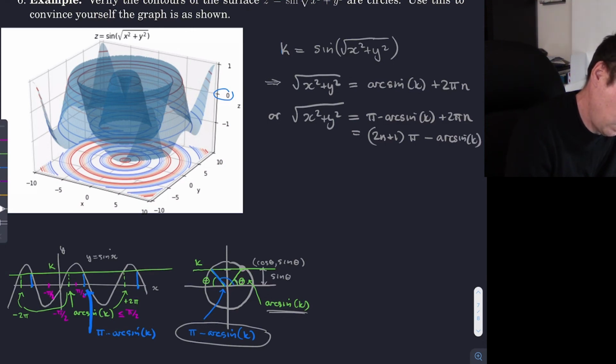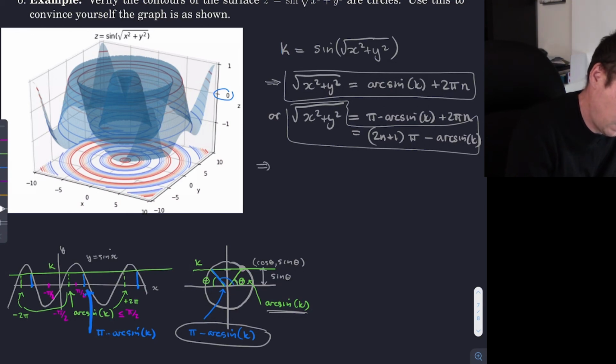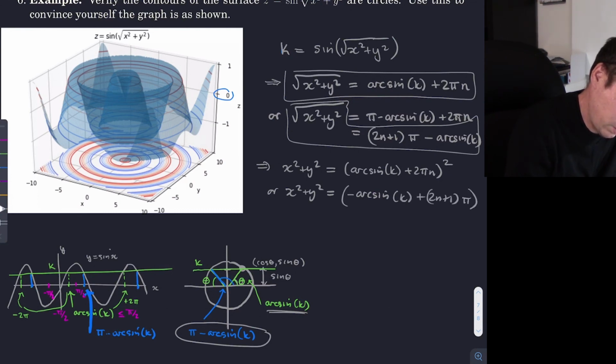And so these are our two different expressions we get for our level curve, so the two different kinds of curves. Again, the first one is going to be x squared plus y squared is equal to arcsine of k plus 2 pi n, all squared, or x squared plus y squared is equal to negative arcsine of k plus 2n plus 1 pi, all squared.